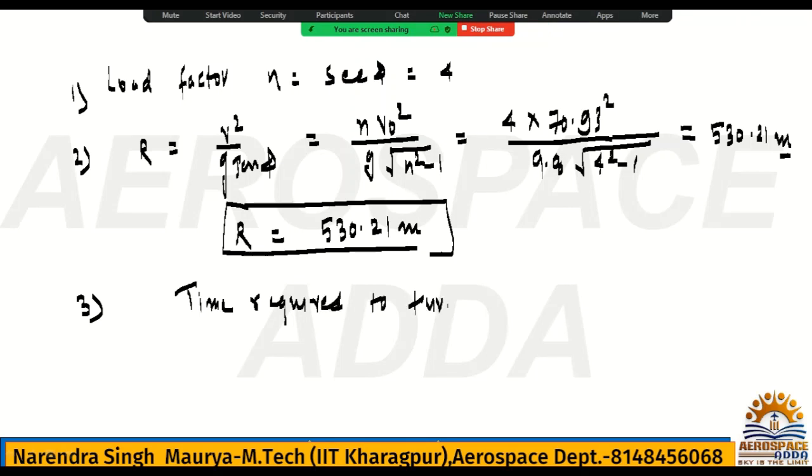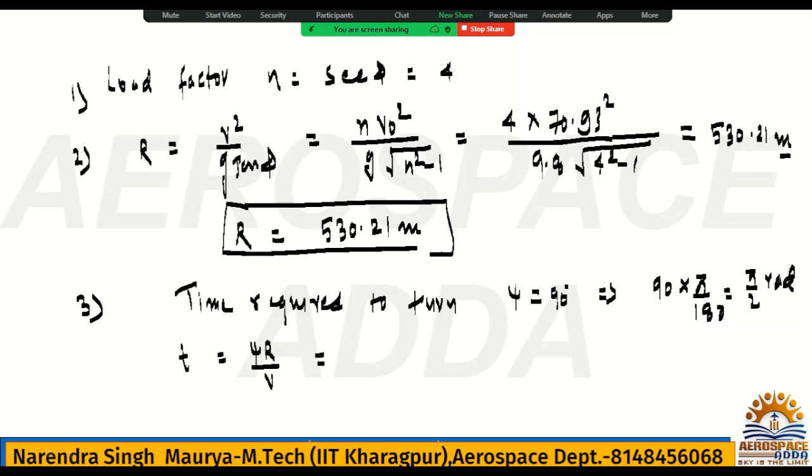Time is psi R divided by V. Psi is 90 degrees, which you convert into radians: 90 into pi by 180, which is pi by 2 radian.